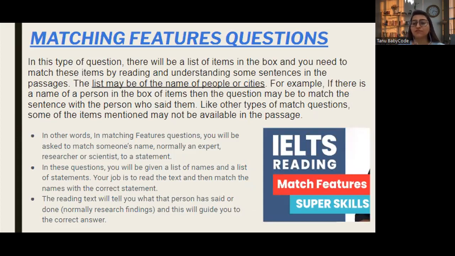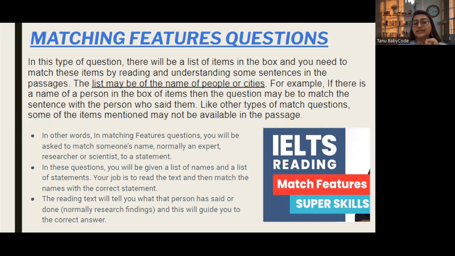You will have a list of items in a box, and you have to match these items to the sentences. For example, if there is a name of a person in the box, you have to match the name to their statement, because you have to match what that person has said.